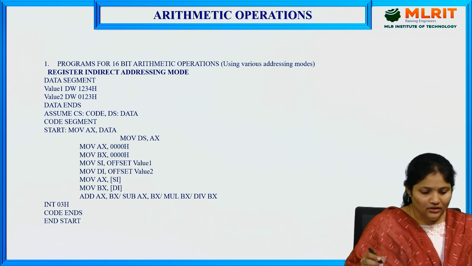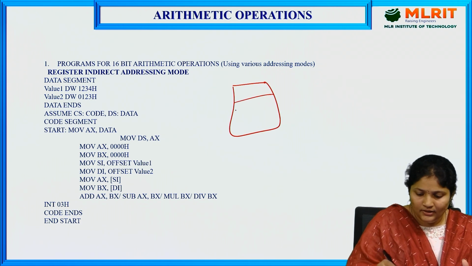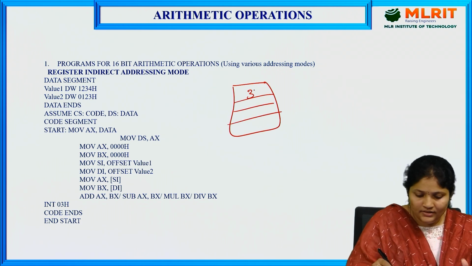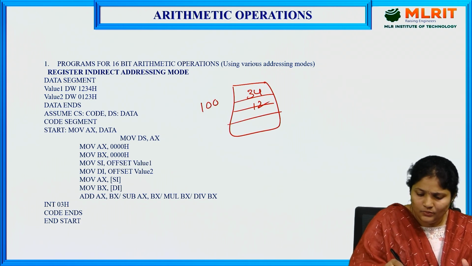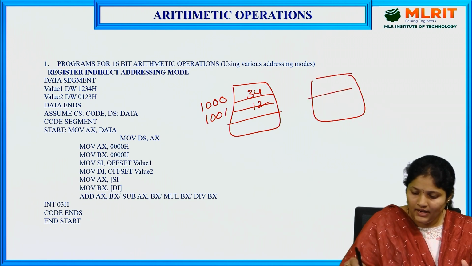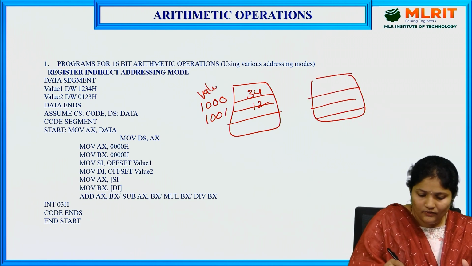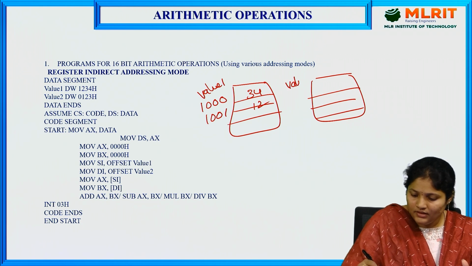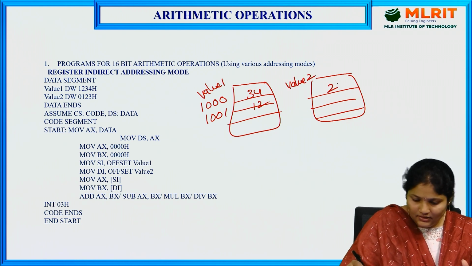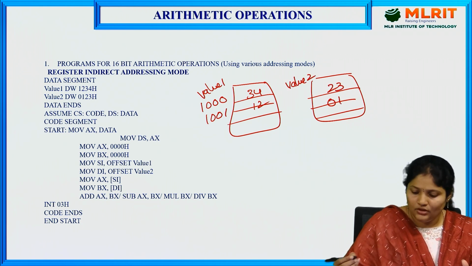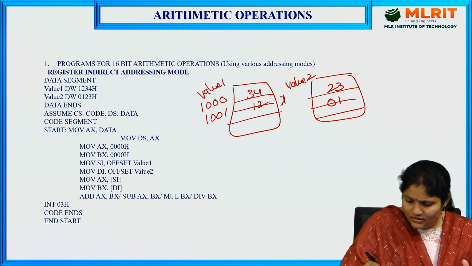See, in this example, the data present in value 1 is 3412. Let us take this one as 1000 and this one as 1001. The second one is the value 2, and the data present in it is 2301H. Let us consider this as 2000 and this as 2001.